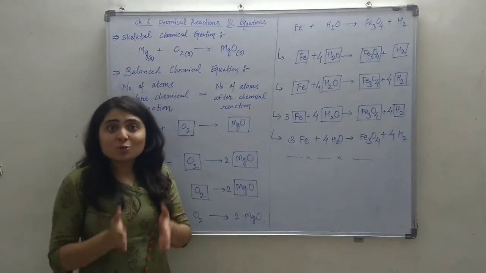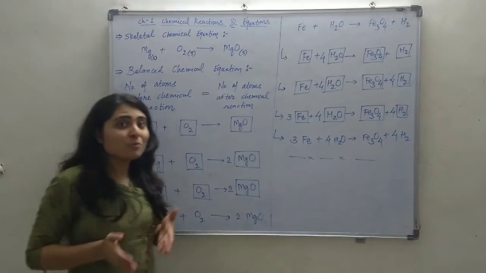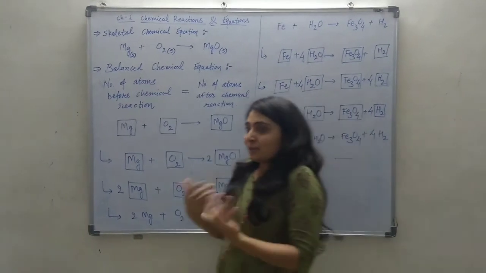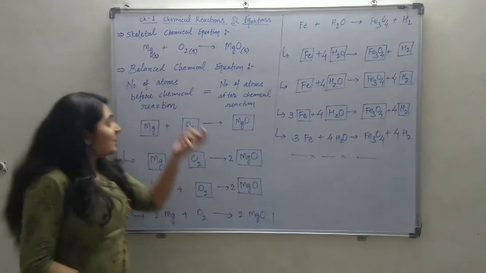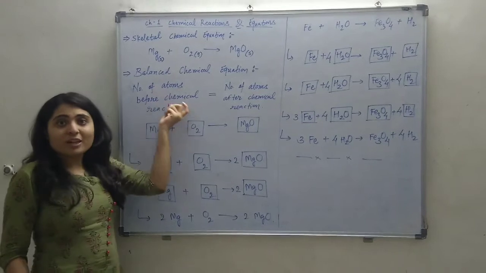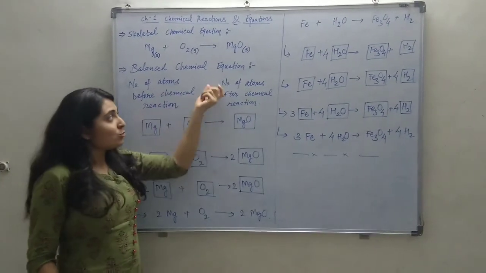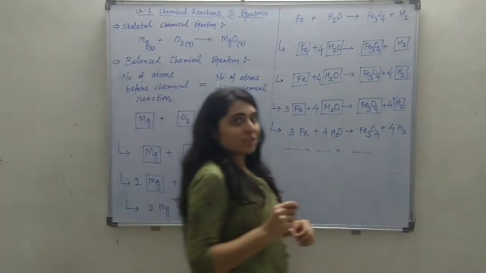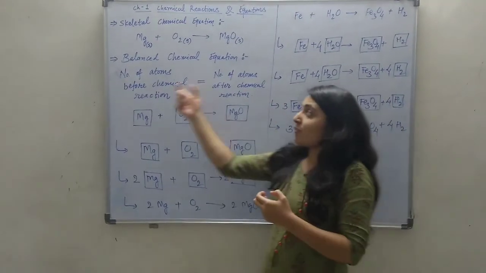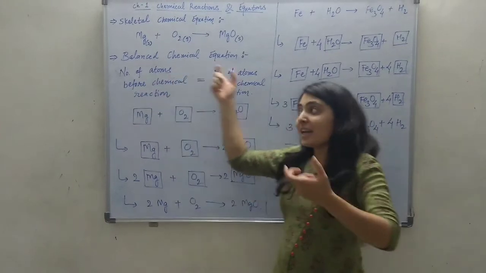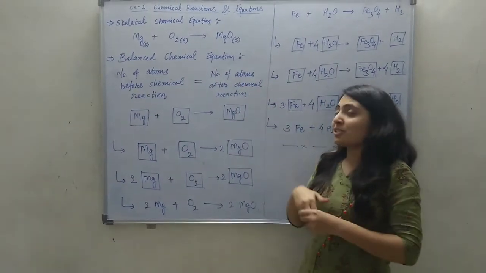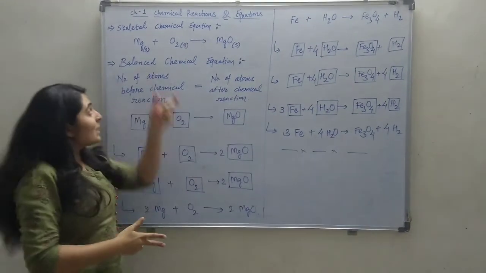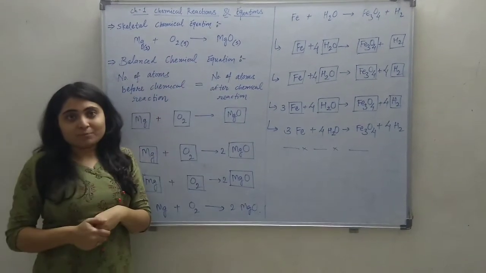It means that the total mass before the reaction should be equal to the total mass after the chemical reaction. In other words, the number of atoms before the chemical reaction should be equal to the number of atoms after it. A chemical equation where the number of atoms before and after the reaction is equal is known as a balanced chemical equation.